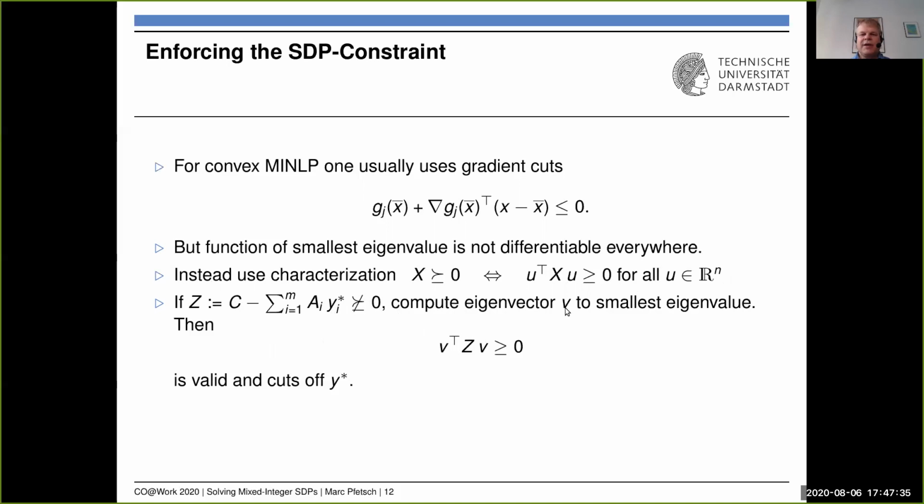And we take an eigenvector v to that. And then we add this inequality to our current linear program. So this can be done by a linear relaxation. And this cuts off y star, and then one can iterate. So we actually are using this, and I'll come back to this later.